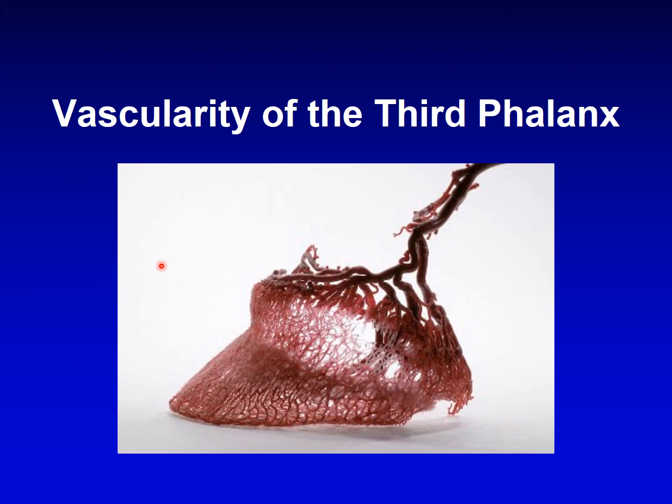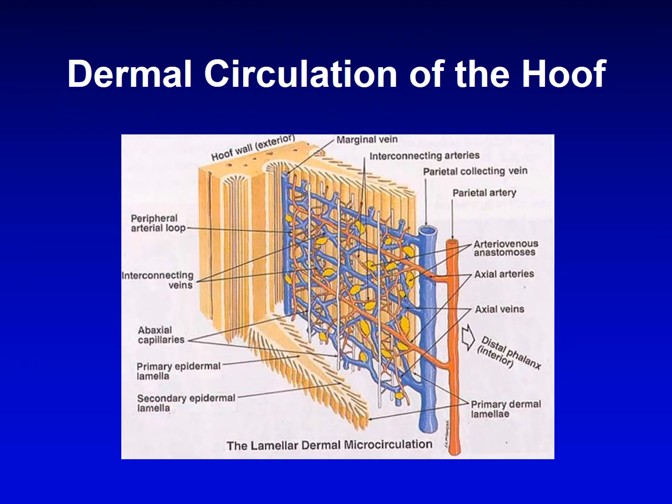When you're cutting your fingers and you took more of your fingernail, look at the blood that's coming out. This is how intense this blood supply to the hoof wall is. And this is another picture showing you where these arteries and veins go in between these interdigitations. Let's take a look at a cartoon to see how this relation is established.